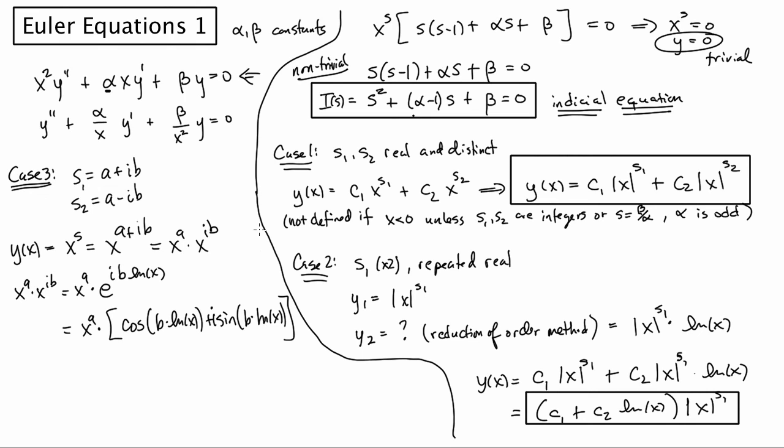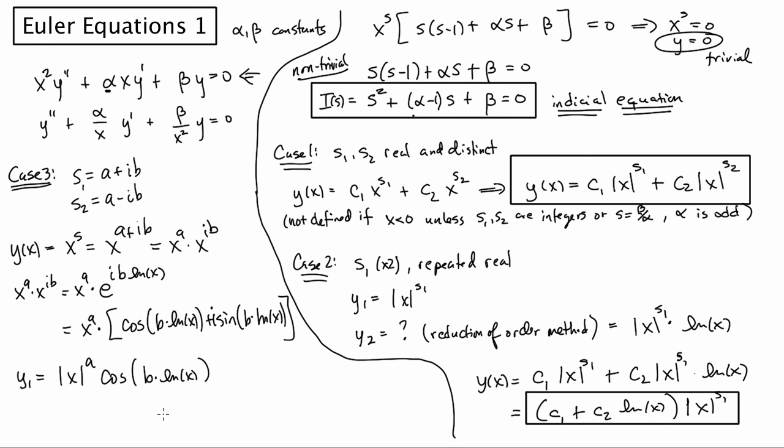And if you recall, when we were looking at Euler's formula and the complex case for the characteristic equation, we simply took the real part and imaginary part, and those became our y1 and y2. And so it's no different here. Our y1 is the real part of this expression. So that is absolute value of x to the a, for the same reason I took the absolute value of x over here, cosine of b times natural log of x.